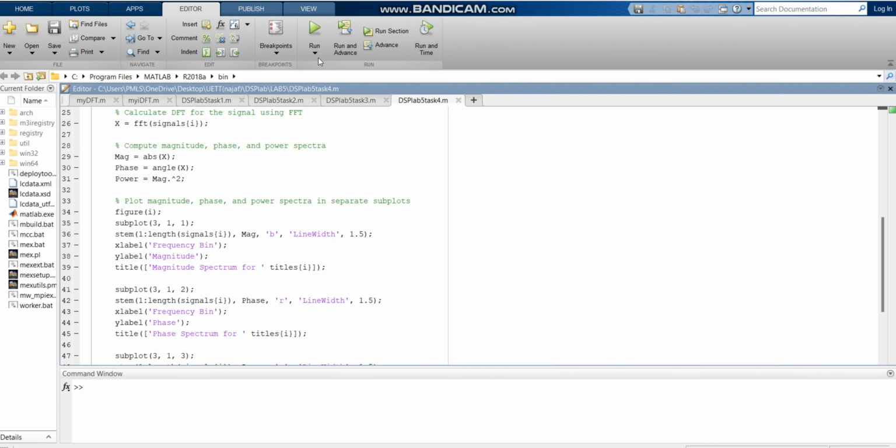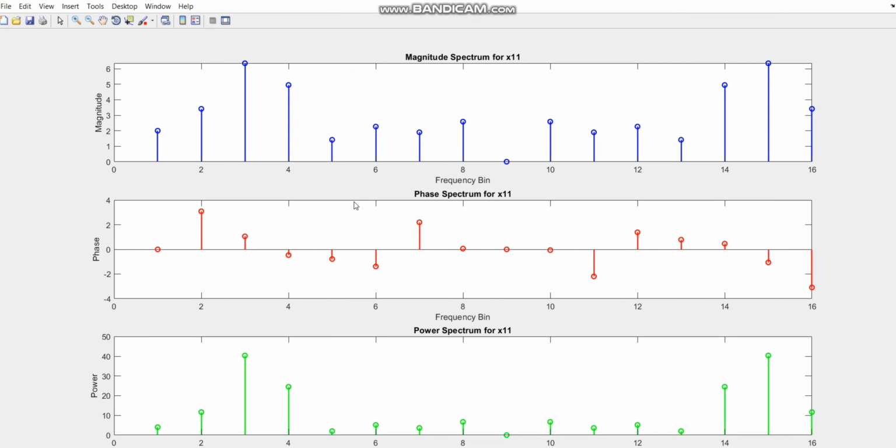Now, when we run the code, we observe the magnitude spectrum for x11, where on the x-axis we have the frequency bin, and on the y-axis we have magnitude. For phase spectrum, we have this plot, and for power spectrum, we have this plot.